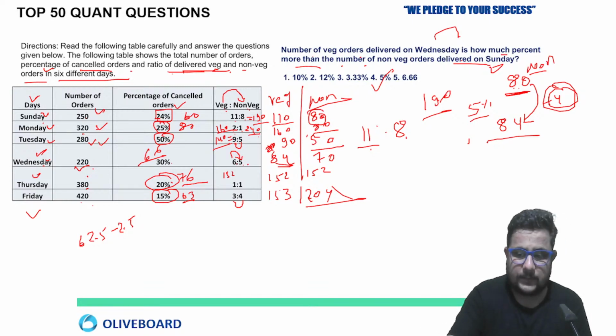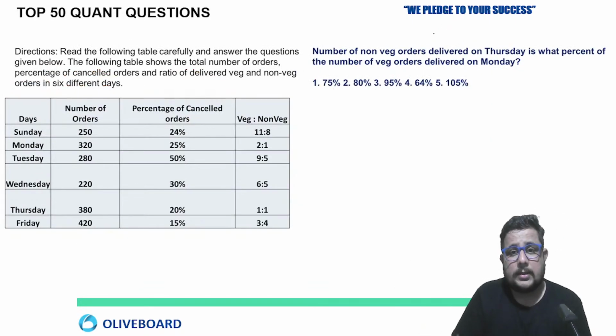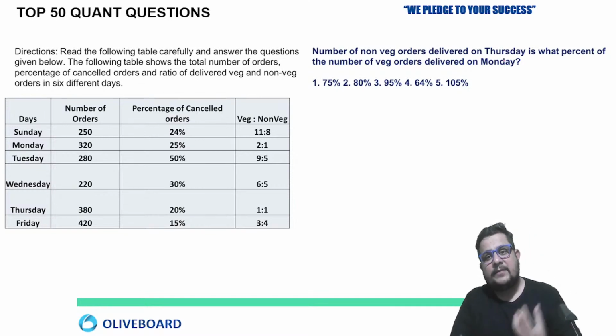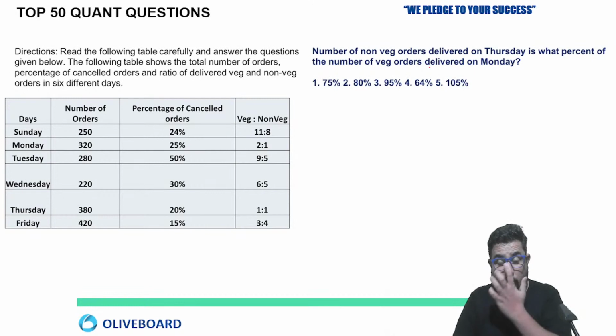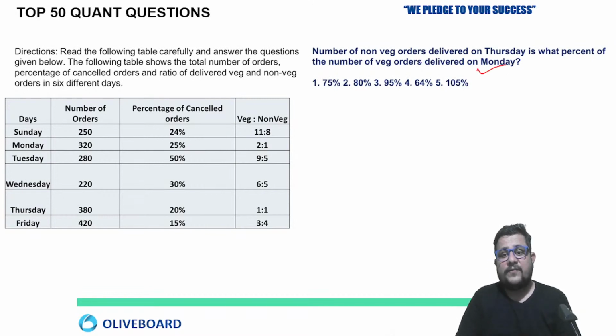Now next. The number of non-veg orders delivered on Thursday is what percent of the number of veg orders delivered on Monday? On Thursday, how many orders delivered? 90, I think. Yes, veg 90, non-veg 50. Is what percent of the number of veg orders on Monday?